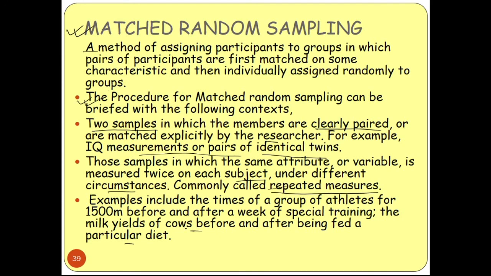Before training you select some athletes, and after training the same athletes. So your subjects are the same, but the surroundings are different. This is an example of matched random sampling.